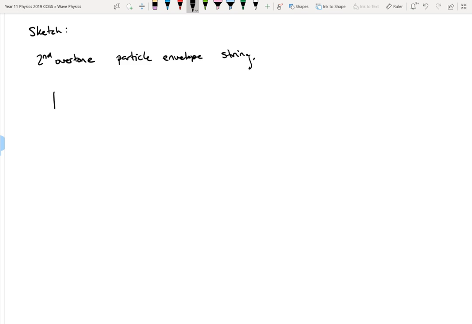So, there's the length of our string, and we know that there must be a node at each end of our string. We want the third harmonic, which means we need 3 antinodes in the middle. 1, 2, 3. I reckon we're going to put nodes here. And then I reckon we're going to do that. I reckon I've just given you the bloomin' answer.